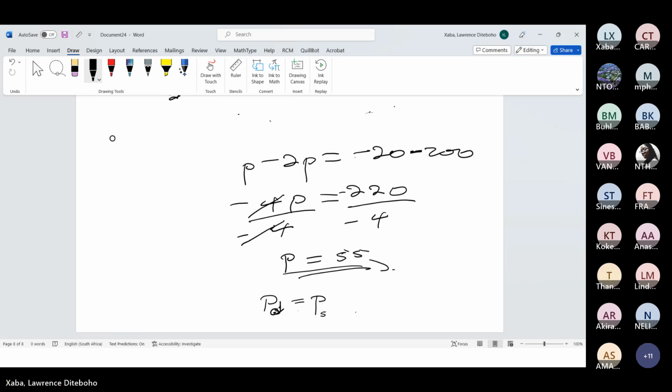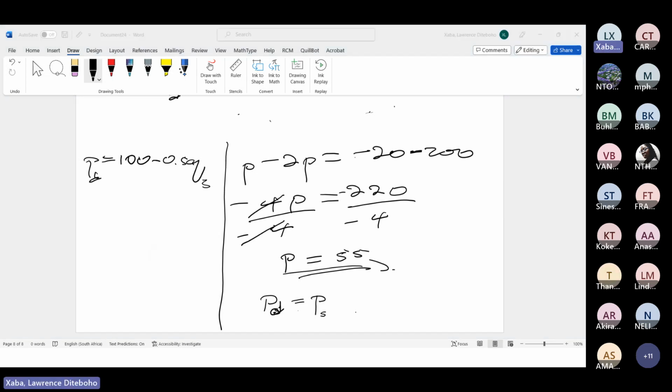What I'm saying now, we have the original equations where we have P subscript D equals 100 minus 0.5Q. You see that? So now we don't transform, we don't do anything. We just take the equations the way they are, from the given example.